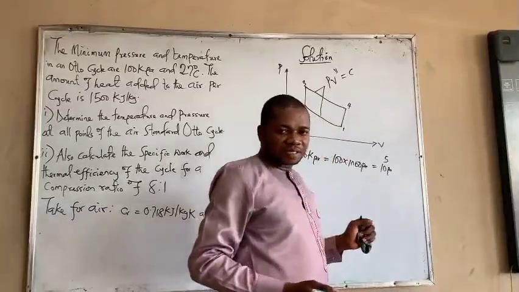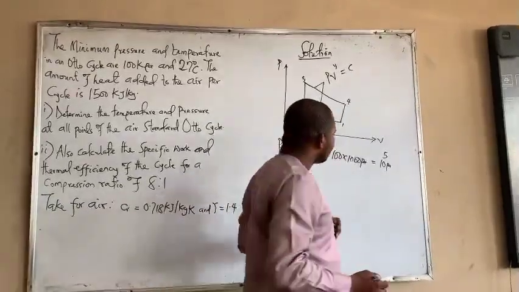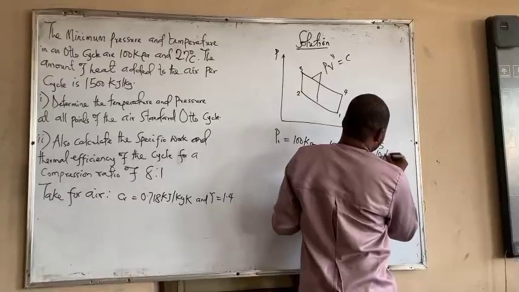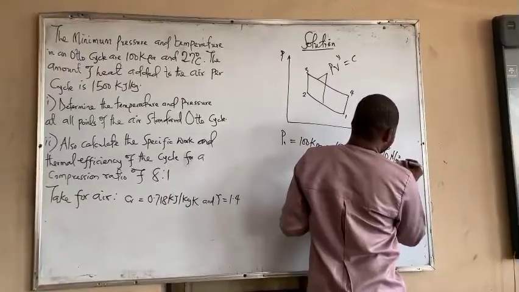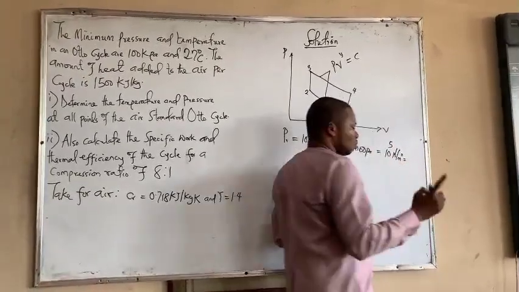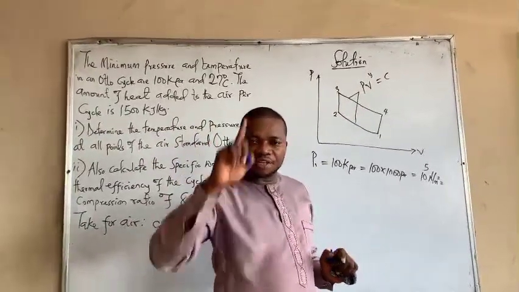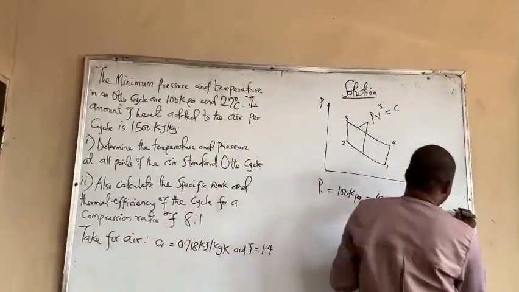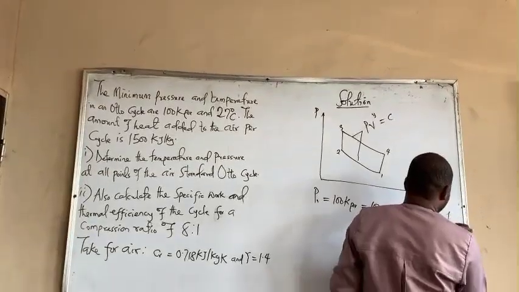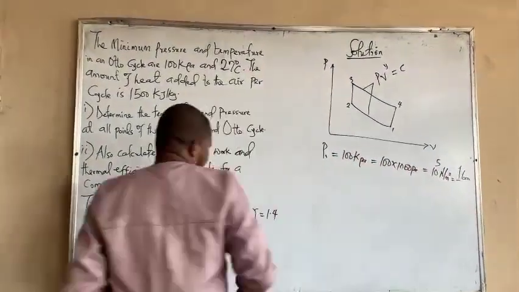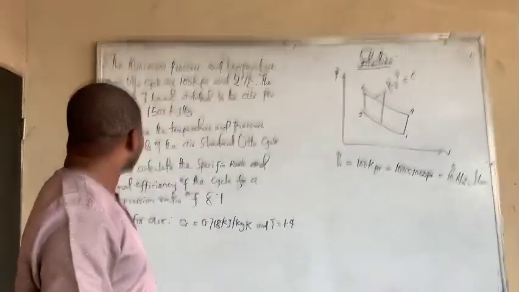Another unit for Pascal is Newton per meter square, and 10 raised to power 5 Newton per meter square is the same thing as 1 bar. Bar is another unit for pressure.